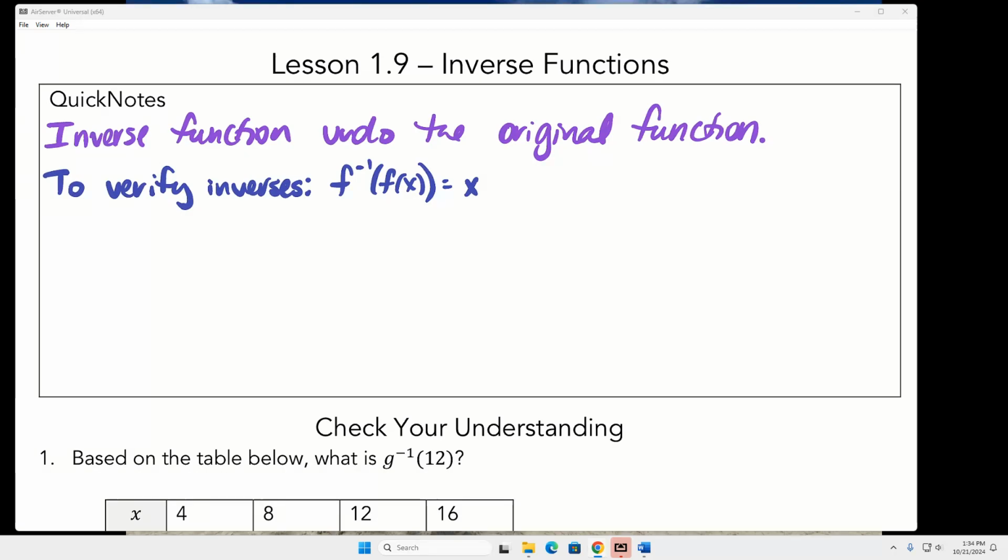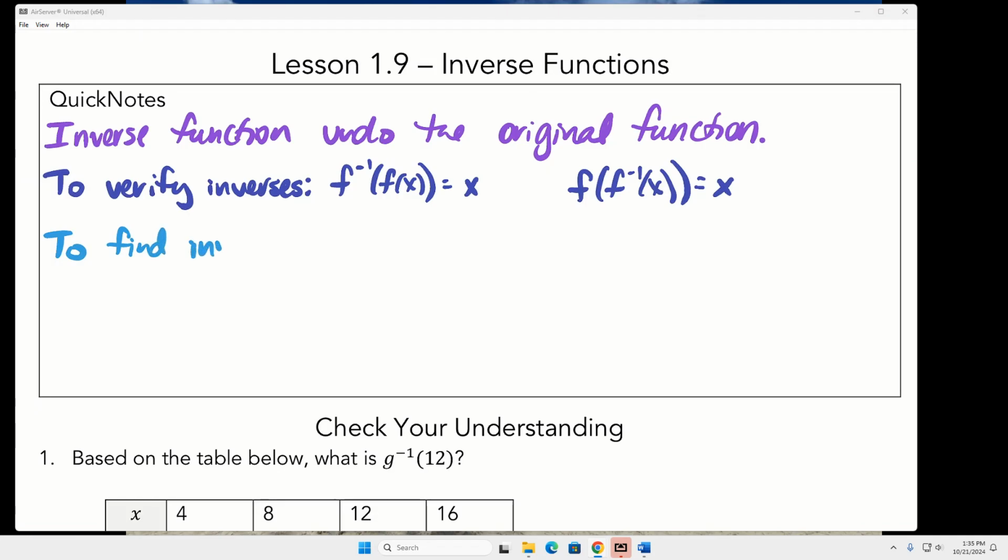And then you have to do it the other way also. So you would do f of f inverse. You do all the work, everything kind of cancels away, and you're just left with x. And you may or may not have done that last year. I know in Algebra 2 last year you did learn about composition, so you might have done that with inverses. I don't really know.